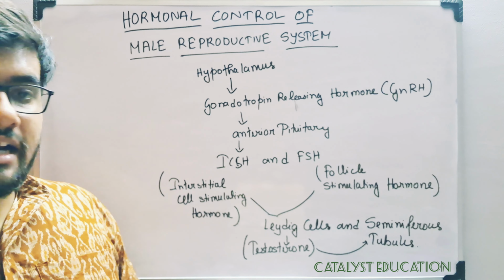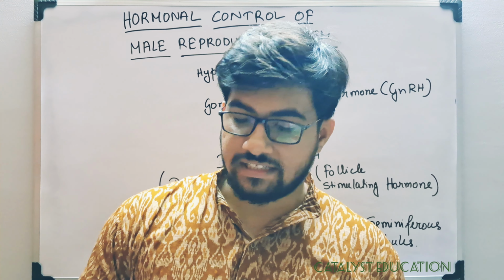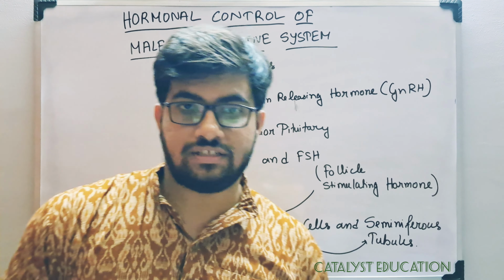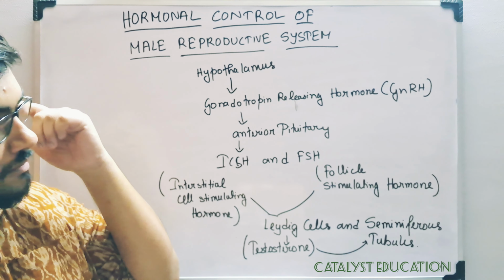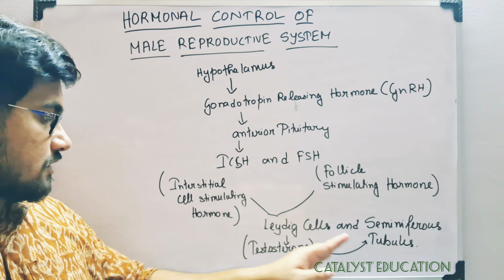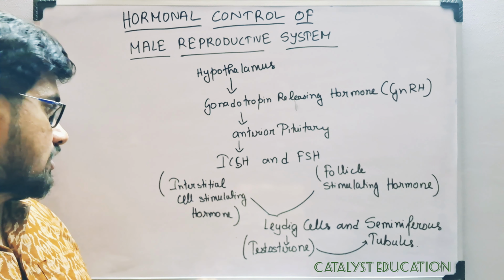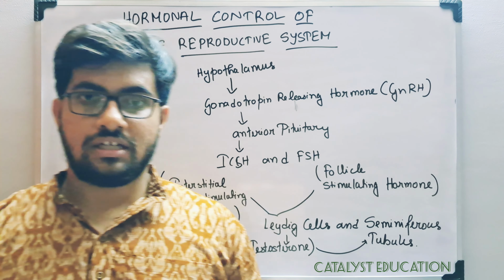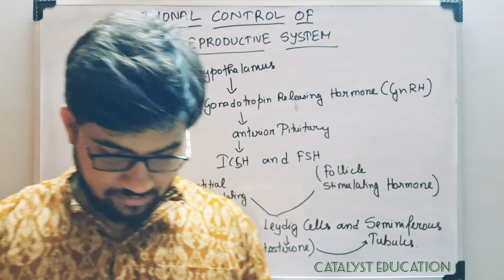So Leydig cells activate the accessory sex glands and also activate the seminiferous tubules to produce more sperms. These sperms, in presence of testosterone and all other hormones released, develop to produce mature sperms.